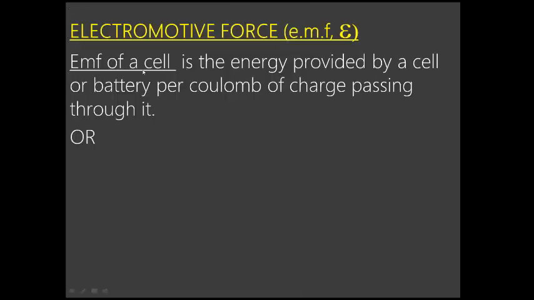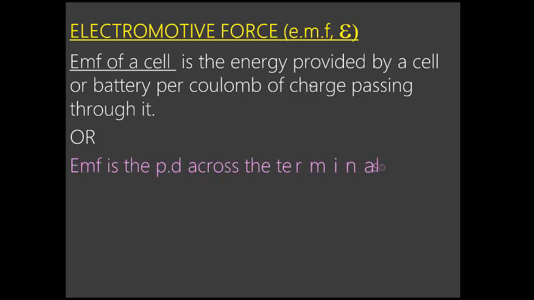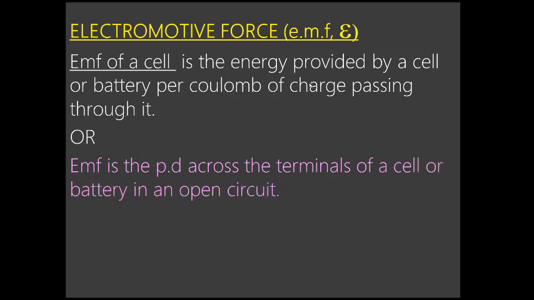The EMF of a cell is the energy provided by the cell or by the battery per coulomb of charge passing through it. That is in many cases called the work done by the cell to drive one coulomb of charge through the circuit in which that battery or cell is connected. In other words, you can define EMF as the PD across the terminals of a cell or a battery in an open circuit.